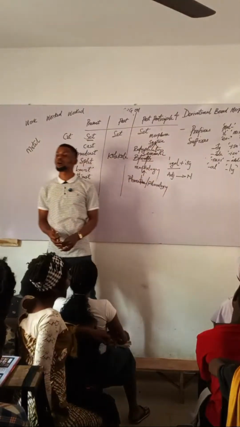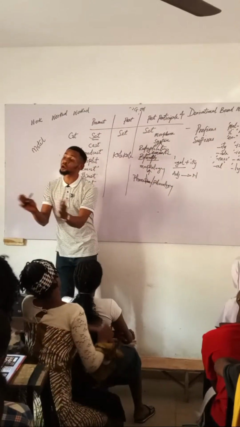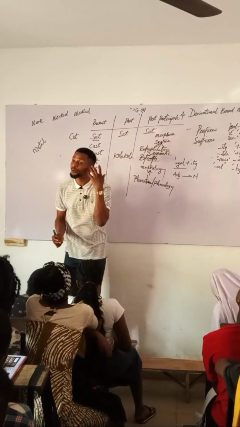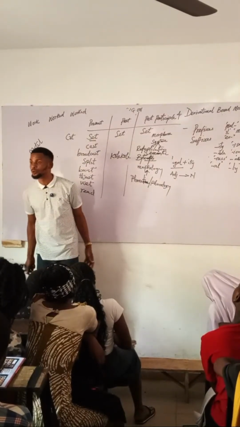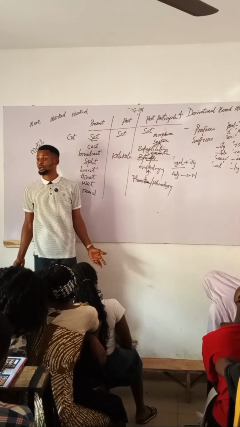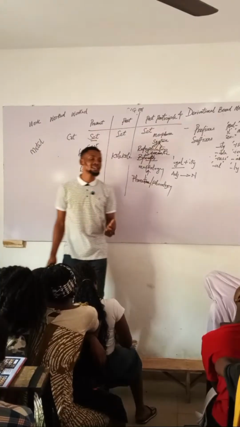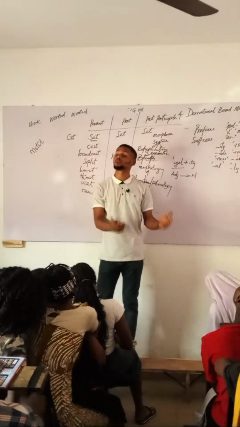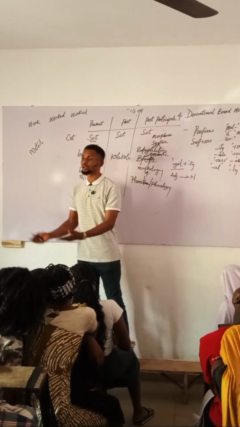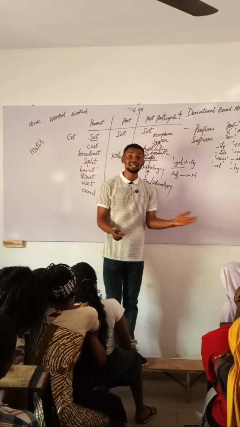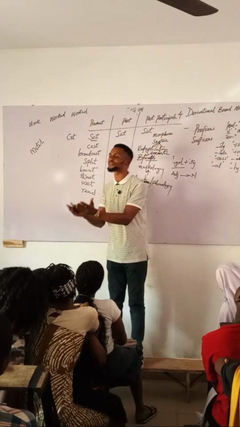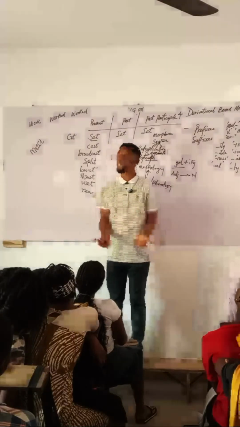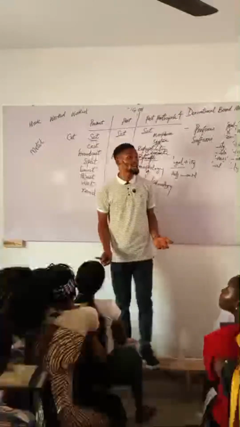Syntax is talking about how words are combined to form meaningful sentences, because not all sentences are meaningful. A sentence can be syntactically correct but semantically wrong. That is, a sentence can satisfy the requirement of syntax and not satisfy the requirement of semantics.